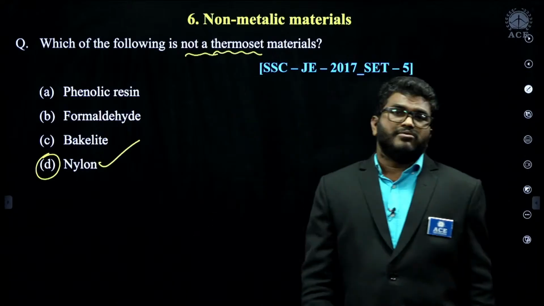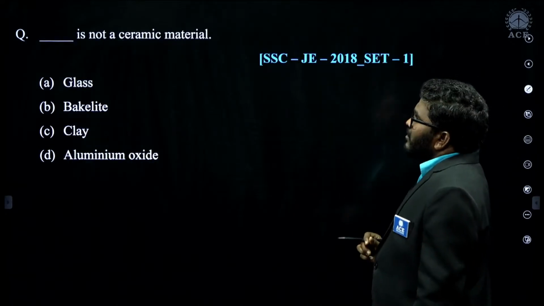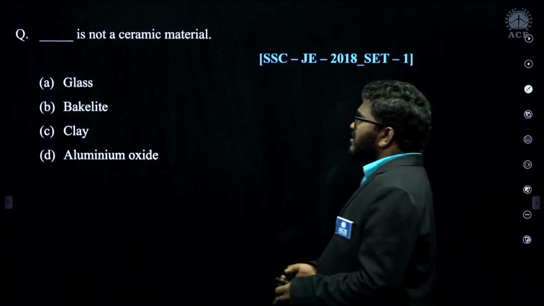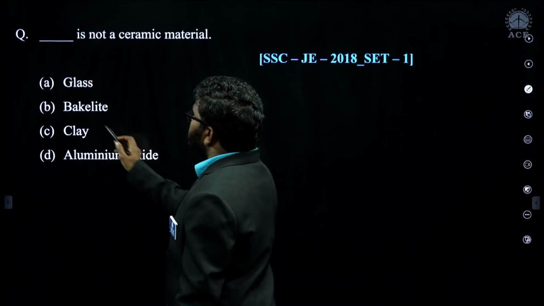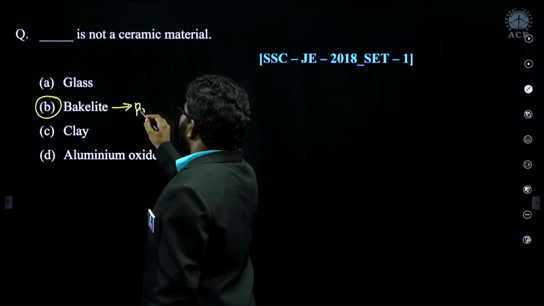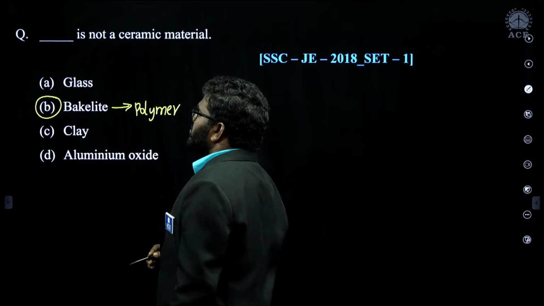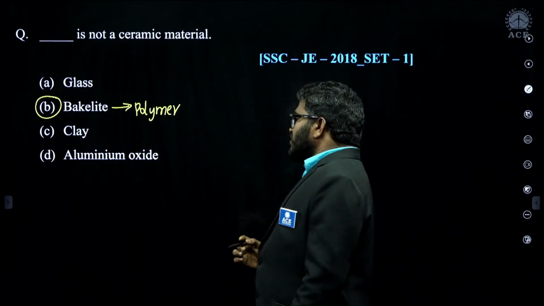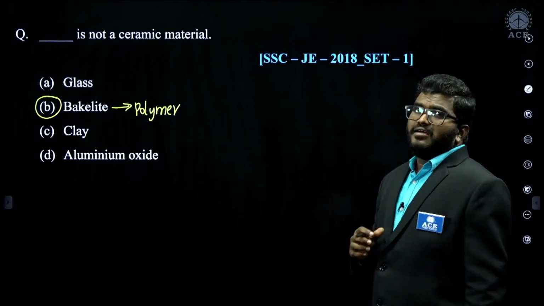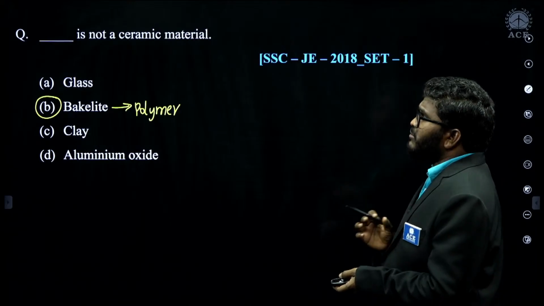Nylon is a thermoplastic material, it's not a thermosetting material. Dash is not a ceramic material. Remember, bakelite is a polymer, so it is not a ceramic material. Glass, clay and aluminum oxide are ceramic materials, but bakelite is a thermosetting polymer.